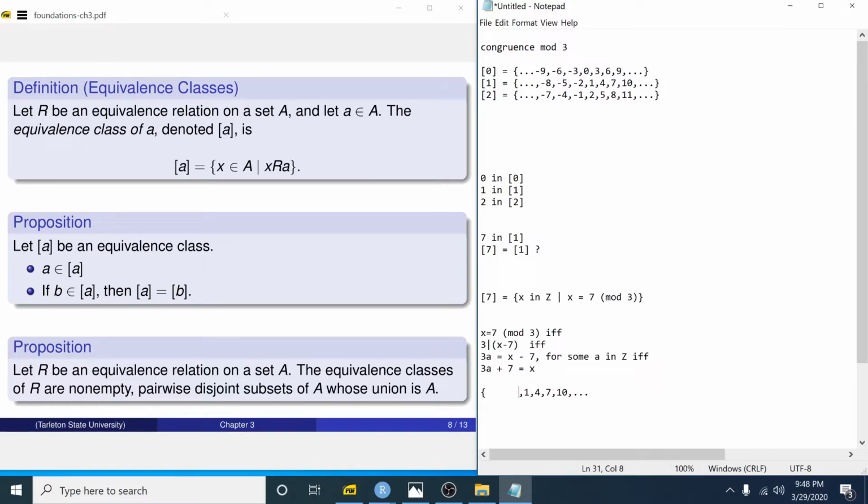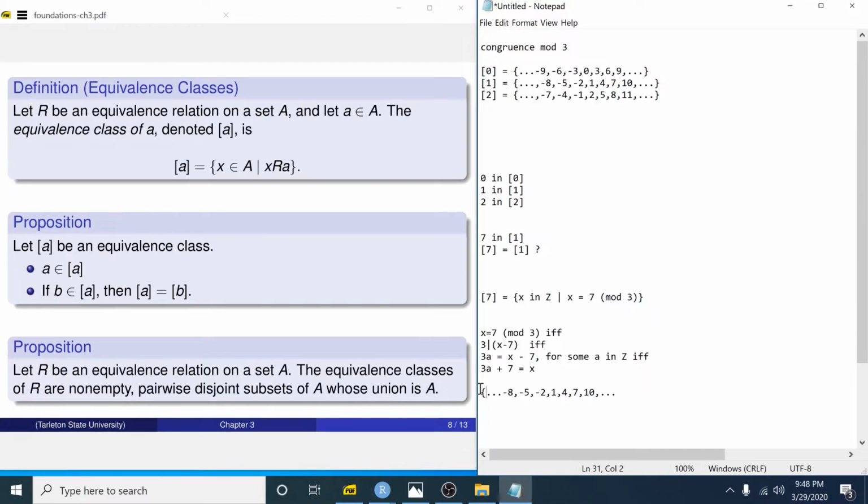What if a is negative 3? I get negative 9 plus 7, which is negative 2. What if a is negative 4? I get negative 12 plus 7, which is negative 5. And then clearly I can do one more step: negative 15 plus 7 is negative 8. And obviously that pattern will continue, and I can keep going backwards like that.